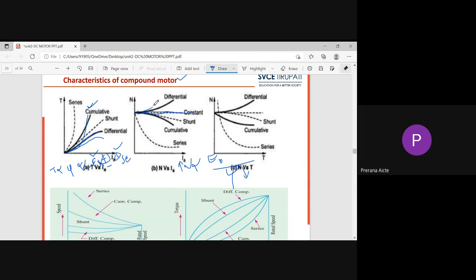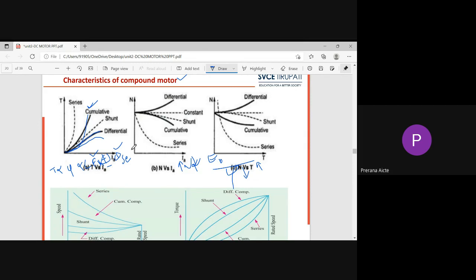This is the differential characteristic. Next, cumulative: cumulative means flux increases, and flux increases means speed reduces.